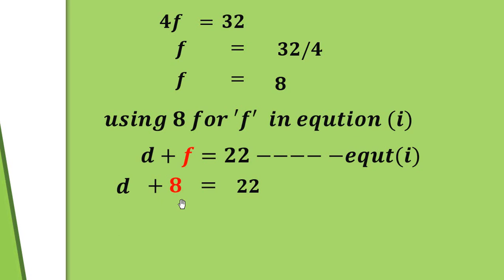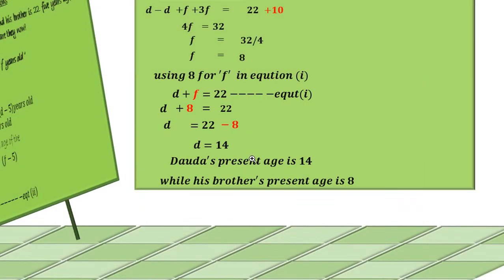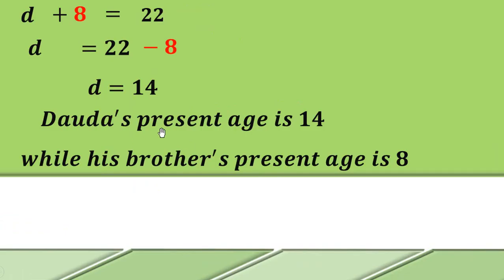So you can have d equal to 22 minus 8. If I subtract this from 22, you have 14. That's interesting. So Dauda's present age is 14, while his brother's present age is 8.